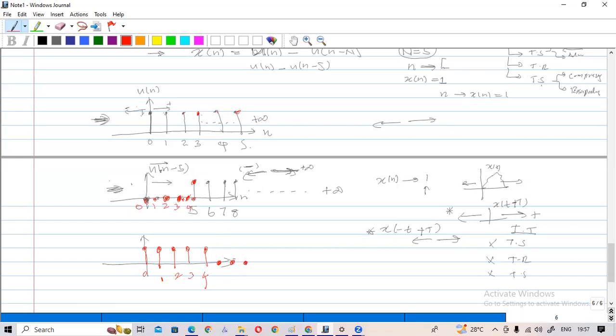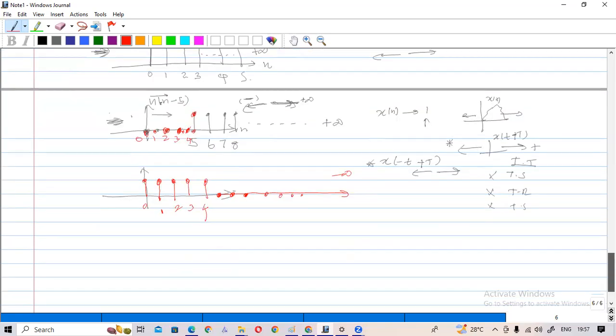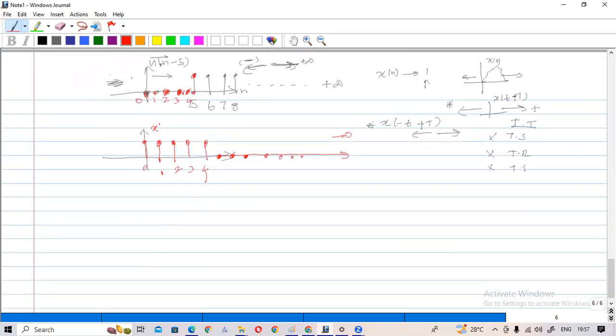For the seventh sample again 1 minus 1, and for all other samples 1 minus 1, up to infinity. So what are the sample values? x[n] is equal to 1 from 0 to 4. So for n equal to 0, 1, 2, 3, 4, you will get x[n] equal to 1.